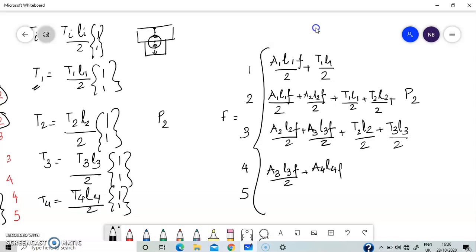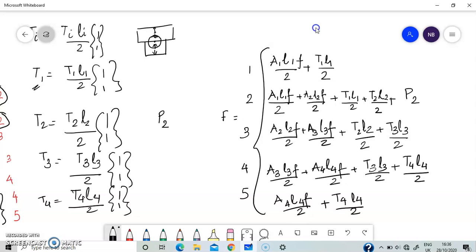Let us write this down for the other nodes as well, the contribution from either side of the node. And finally, this will be F by 2 plus T4 L4 by 2. So this is the global load vector.